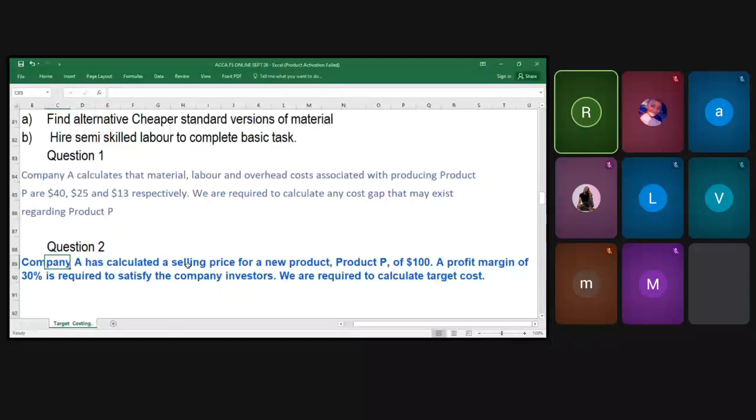Is the question really complete here? Let me check. A profit margin of 30%. Regarding P, okay, that's not the question.